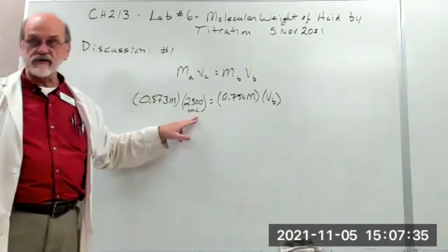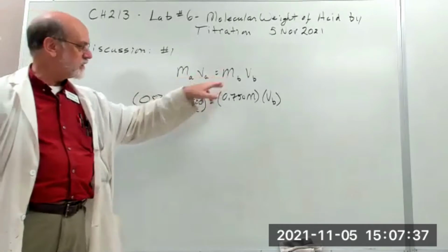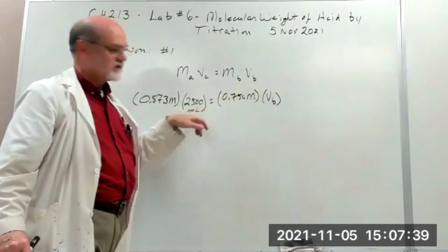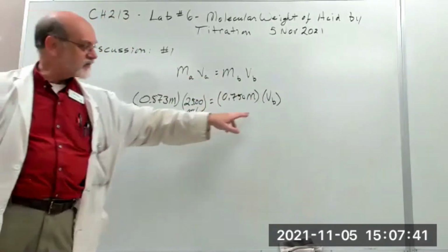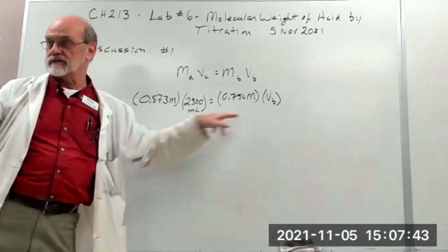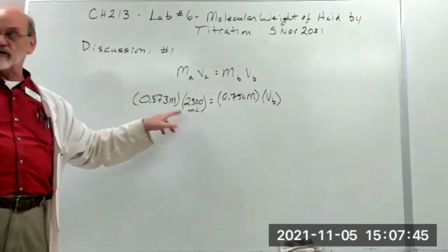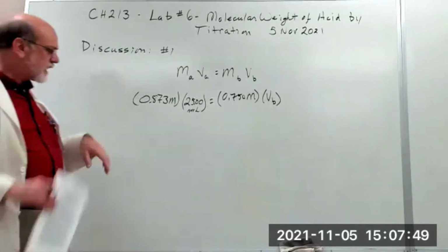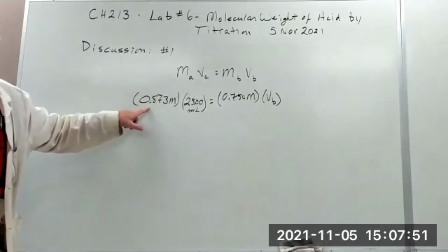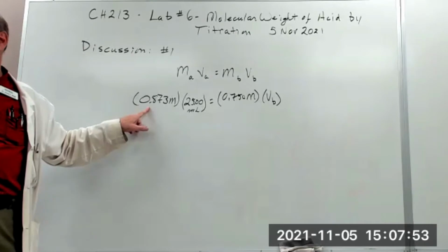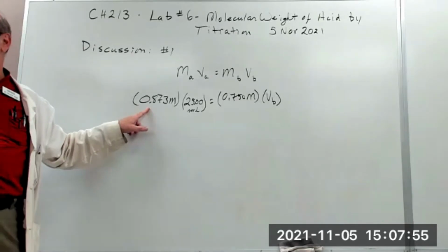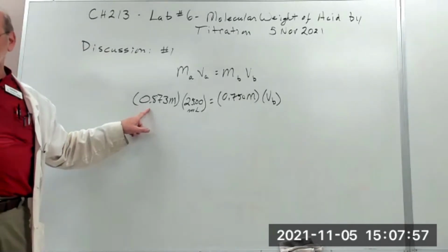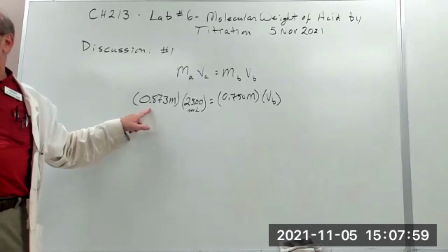We can use milliliters in here because this is a ratio. Volume on both sides will cancel. So our answer will come out in milliliters if we use it this way. We don't have to convert it to liters. And by the way, this is the standardized concentration for the acetic acid. That comes from the supplier. It's very stable over years.